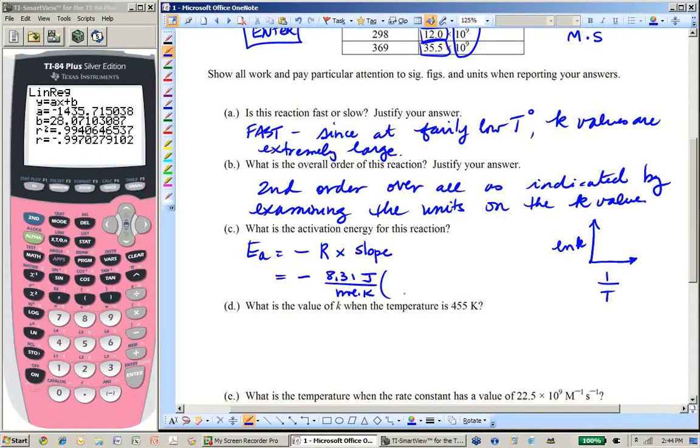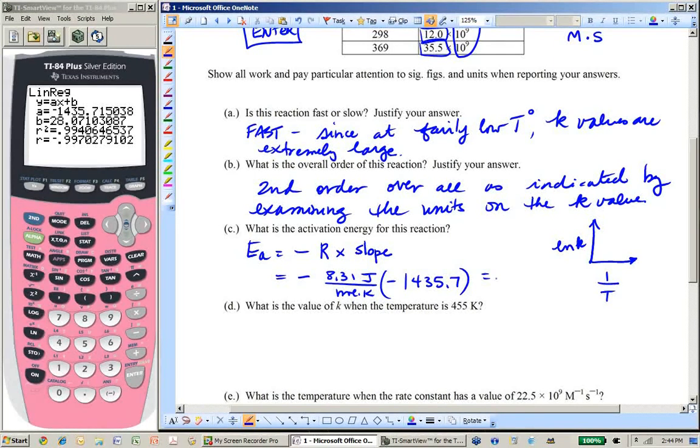Times this slope, which is in reciprocal kelvins. So I'm going to come out in joules per mole, because the K's are going to cancel out of this. And the slope is a negative 1435.7, and that's in a reciprocal Kelvin, so it's over kelvins as well. But just trust, I'm not going to clutter this up in this small space with a bunch of units.